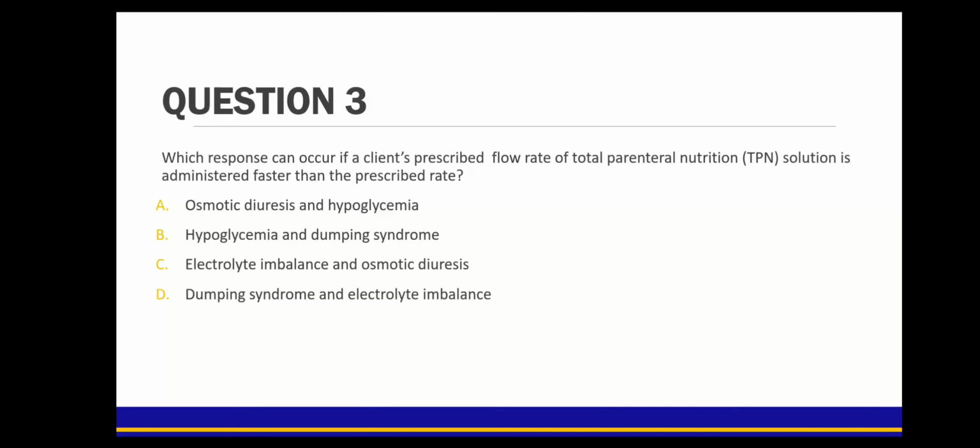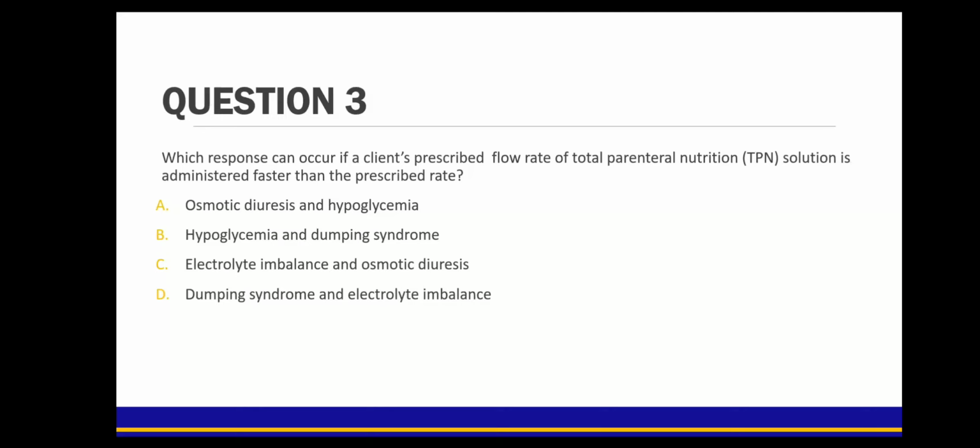So that would eliminate A, which consequently would automatically eliminate B, because we just explained that you're not going to get hypo, you're going to get hyper. So you're not going to get hypoglycemia. And dumping syndrome is not something that you see with TPN.